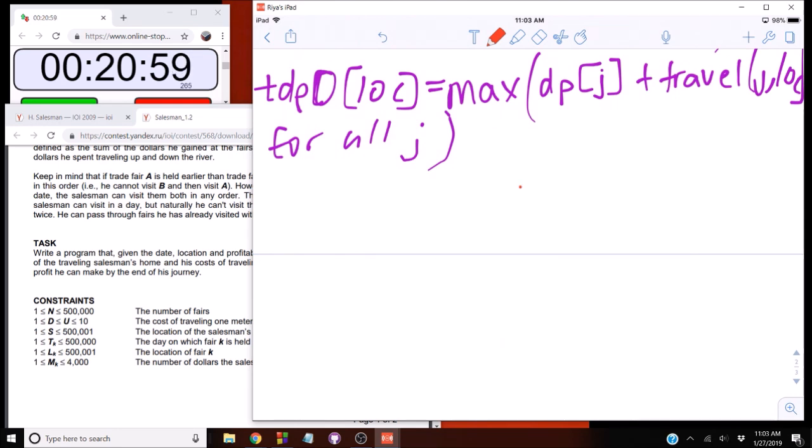Okay, let's just say the travel is different if j is less than lock, or lock is less than j. This is the difference from the upstream. So let's just say that lock is less than j. This means we're traveling upstream.